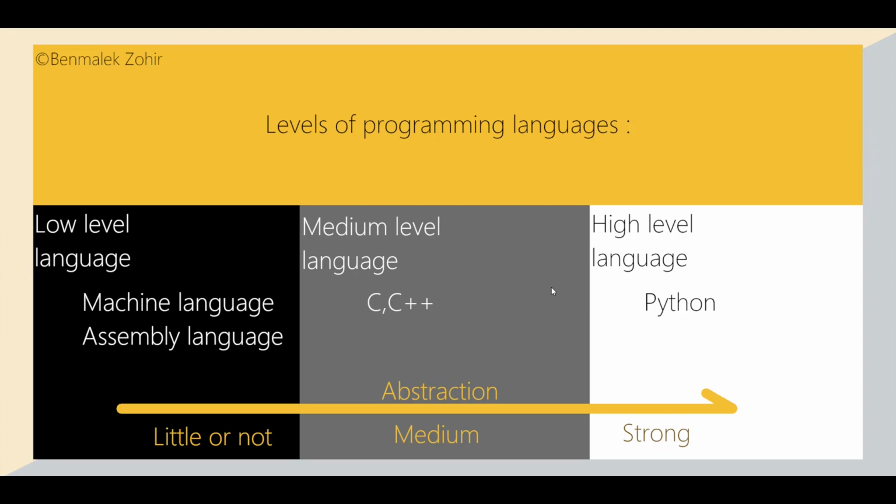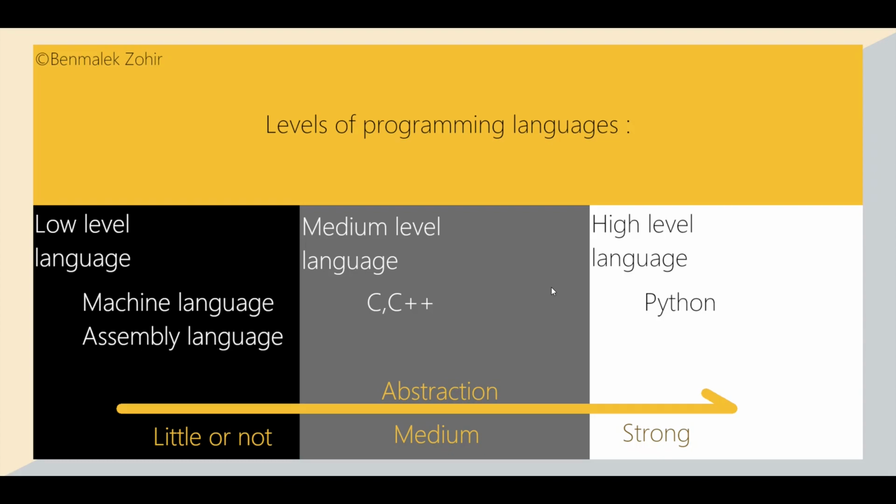And on the high-level language, like Python, the one that you are studying today, Python 2.0, Python 3.0, they are all the same. The level of abstraction is high. So when there is a high level of abstraction, it means that when you write code in Python, it goes through multiple things in order to interact with the hardware.